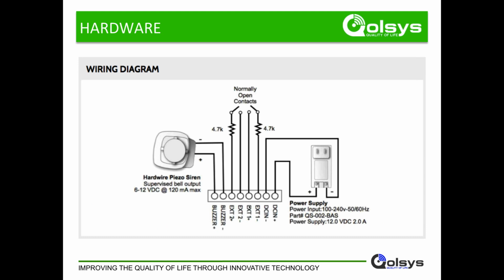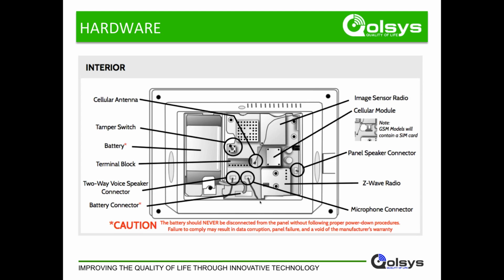I want you to manage that battery properly. I'm going to go back here real quick. I will say that if you accidentally unplug the battery and unplug the transformer, and you kind of force crash the software, when you plug everything back in, it's 99.9% going to come back up just fine. You're probably not going to have a problem. We have a lot of intelligent algorithms in there.